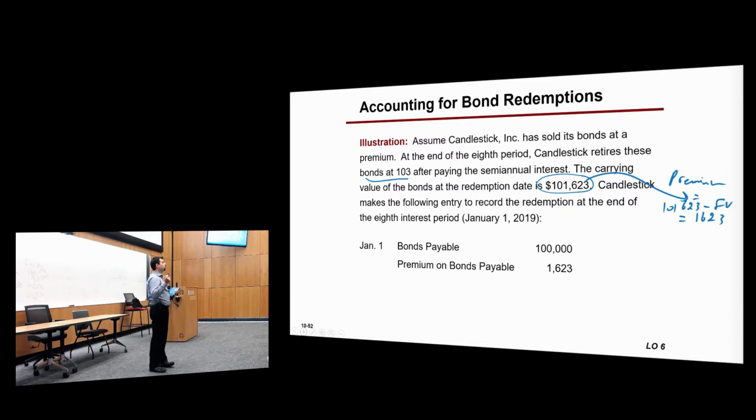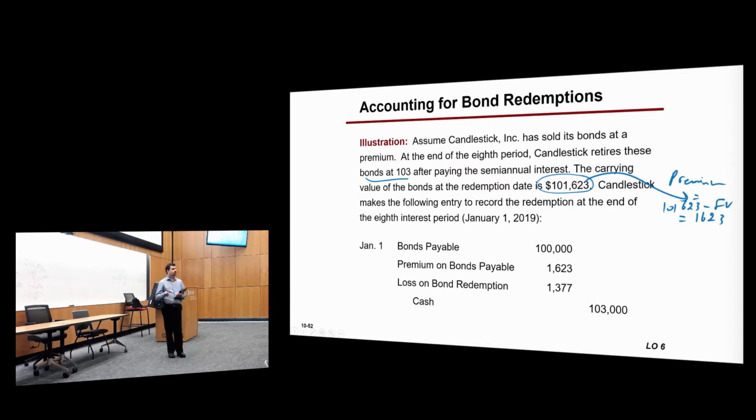So when the company sold those bonds, what happened? Remember, the company debited cash, credited bonds payable, and premium on bonds payable, right? Now we'll do the opposite. We will debit bonds payable and premium on bonds payable. We will credit cash, and any difference between the two will be recorded either as a loss or as a gain.